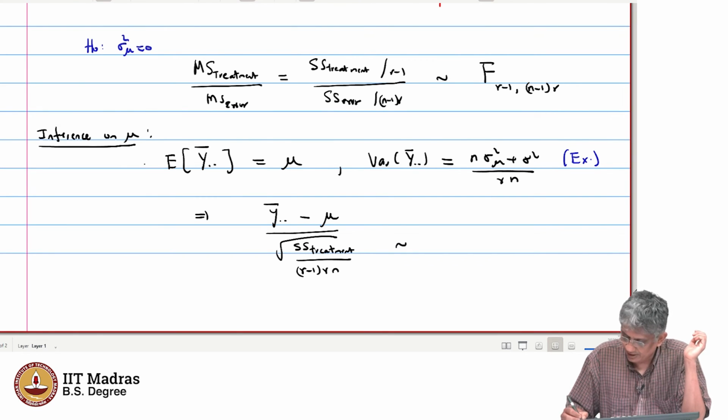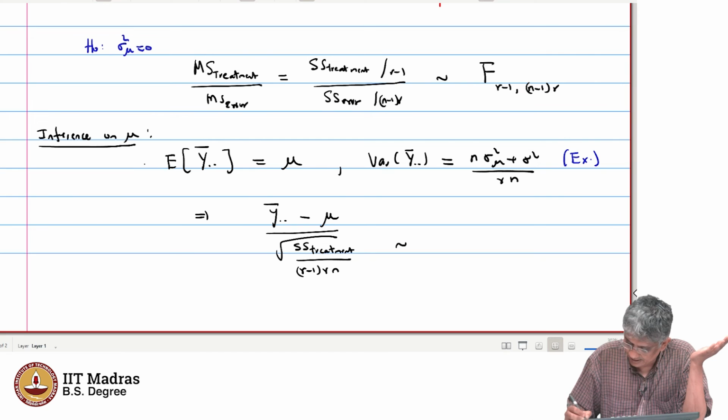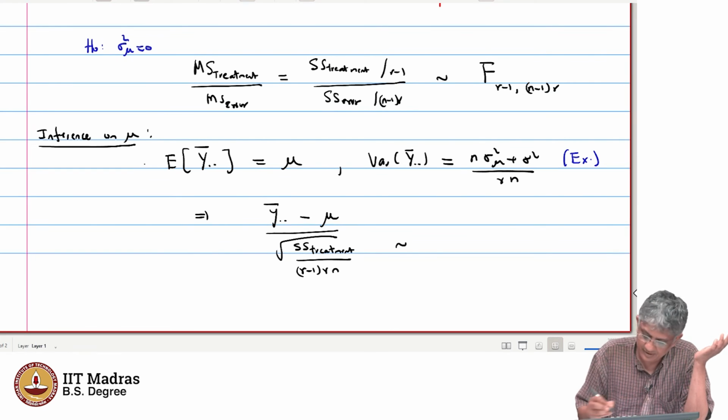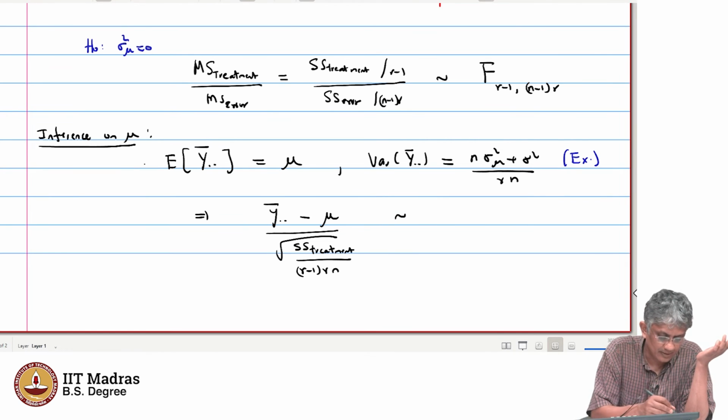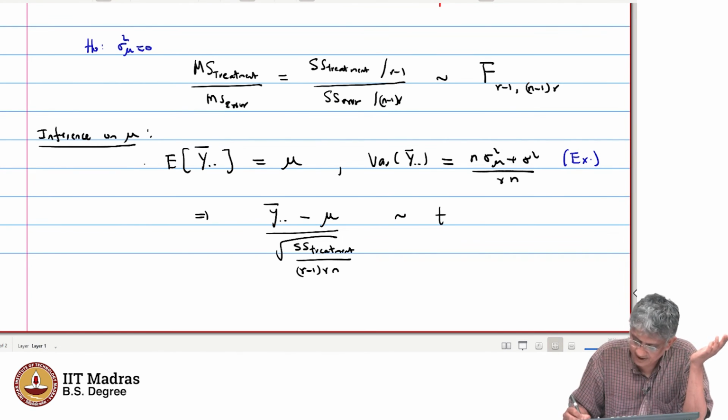That will follow a t distribution with r minus 1 degrees of freedom.